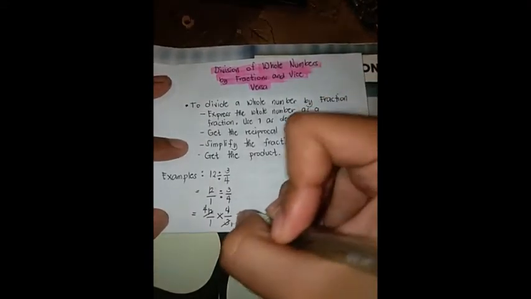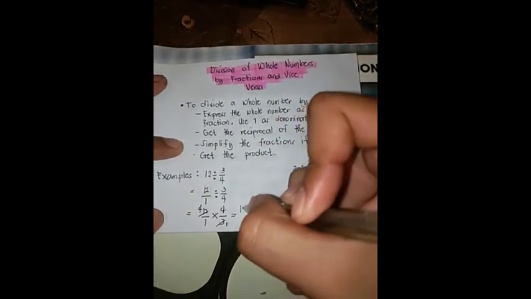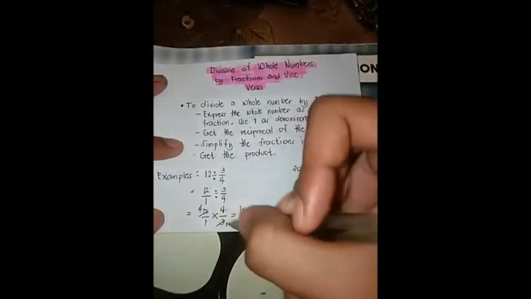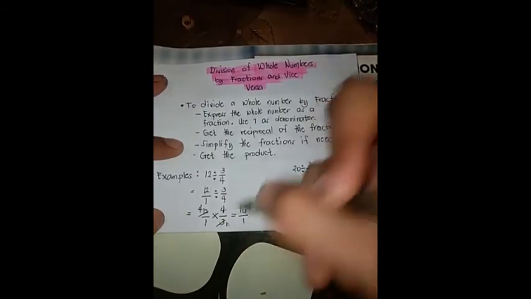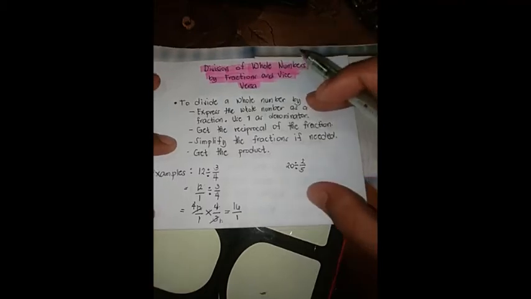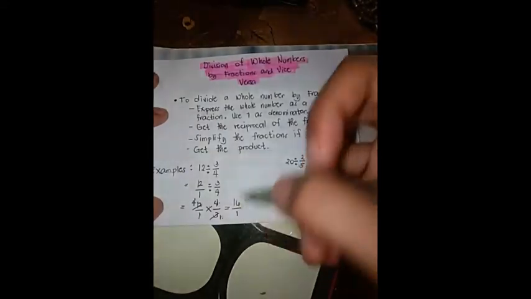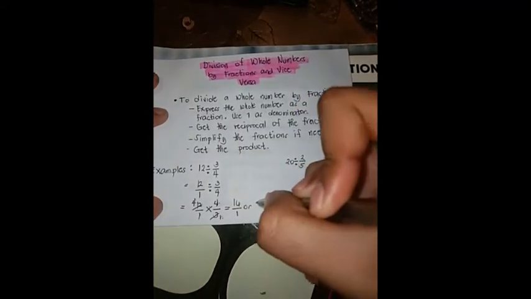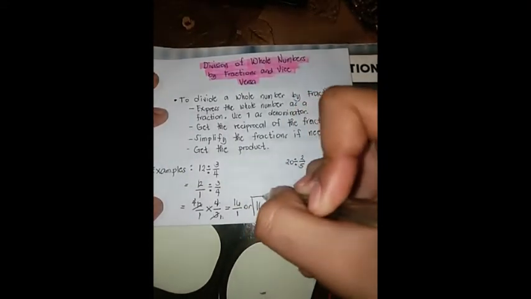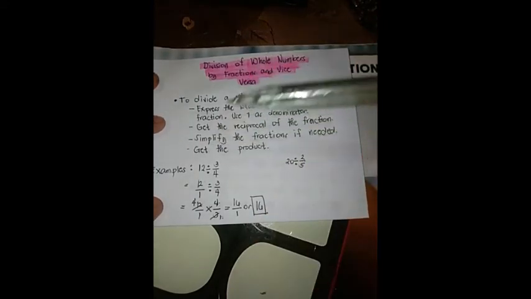So, 4 times 4, we have here 16. Then 1 times 1, we have here 1. Simplify your answer if needed. So, 16 over 1, or automatic, this is 16 whole number. Yun lang yung steps regarding sa first case natin.